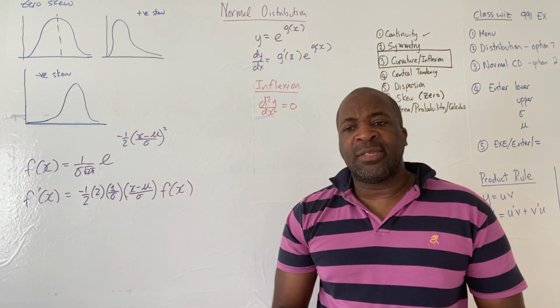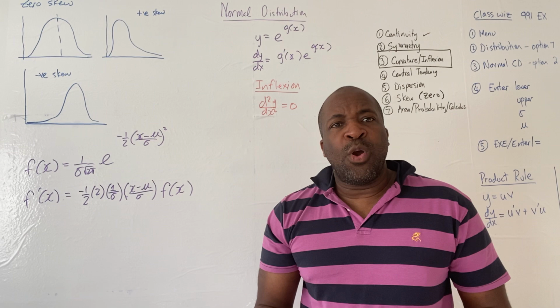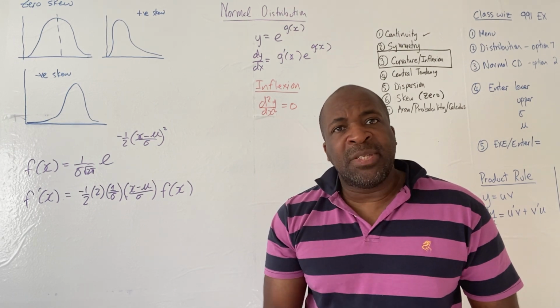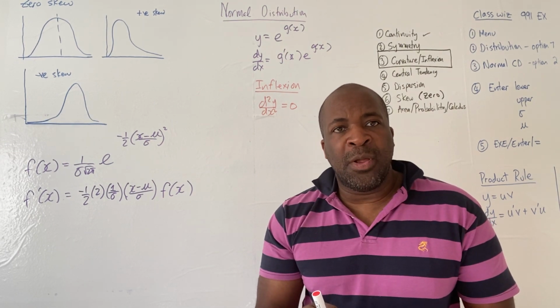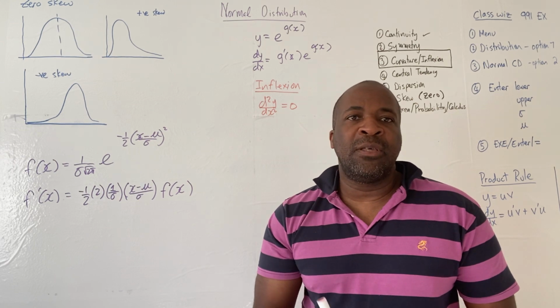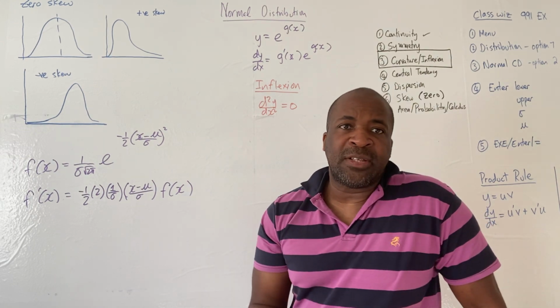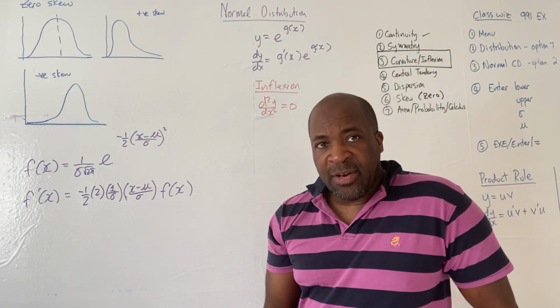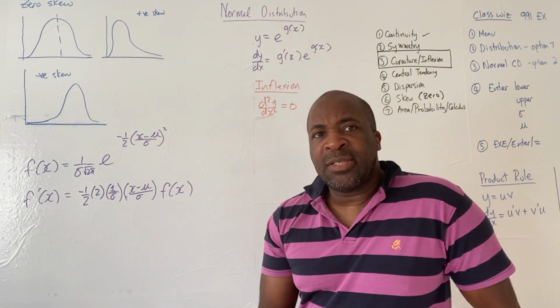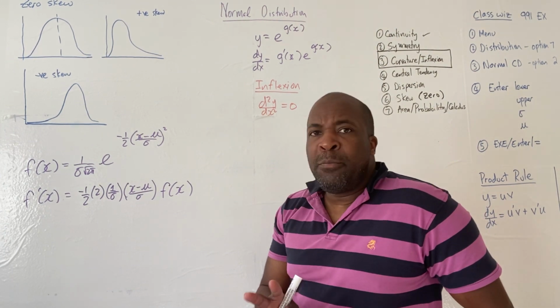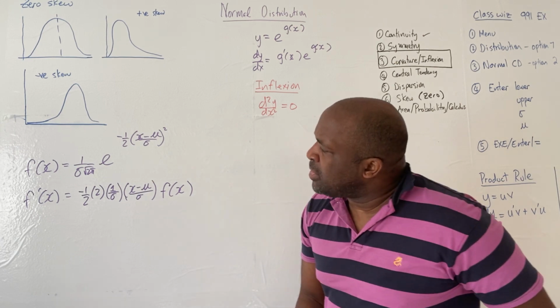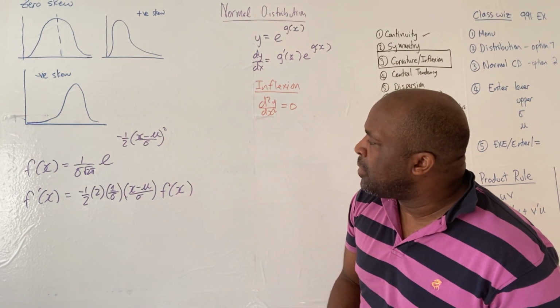What that means is that even though d squared y dx squared may be 0, it does not imply that we have found an inflection point. We may have found one, but it is not necessarily an inflection point. So do be aware of that subtle distinction.